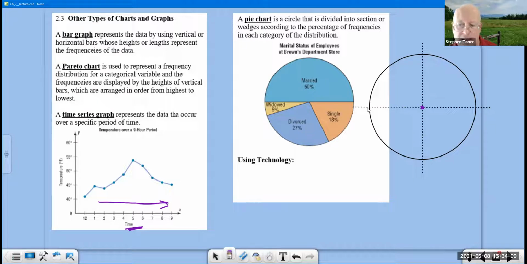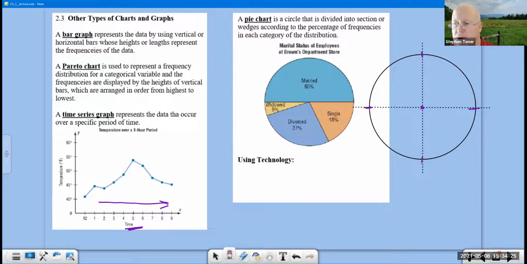Now, what I like to do is represent the 4 cardinal directions, north, south, east, and west, because as you can see in this diagram, it breaks the circle into 4 equivalent sectors or quadrants. And usually we can eyeball things pretty well there.